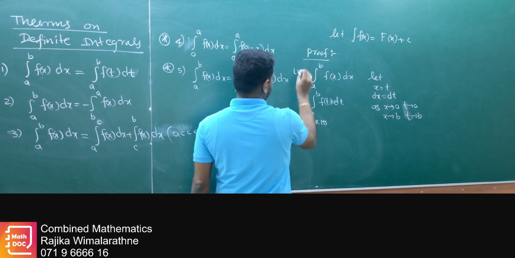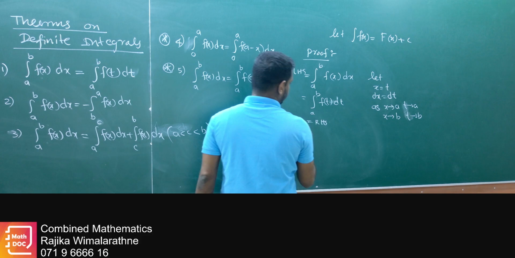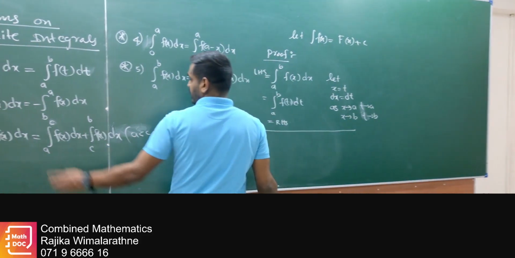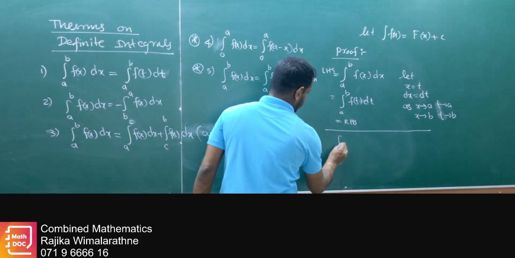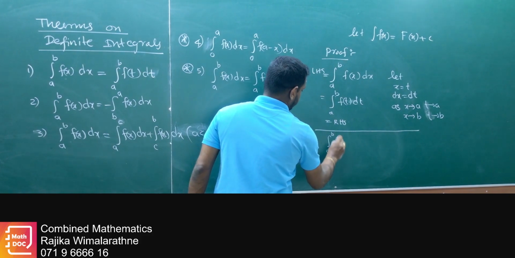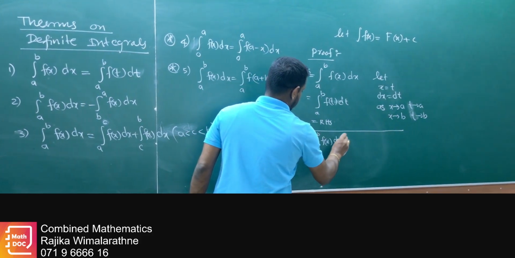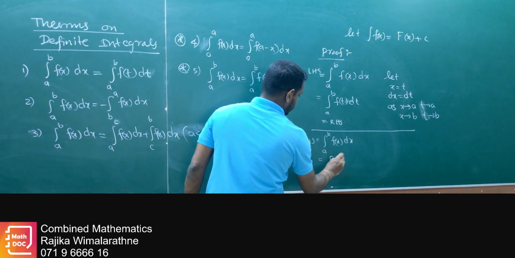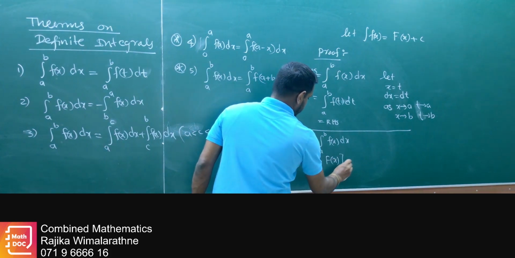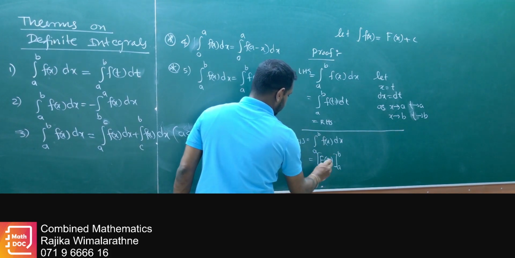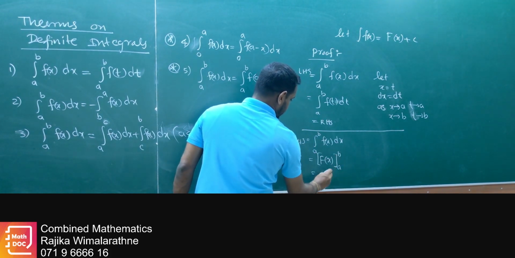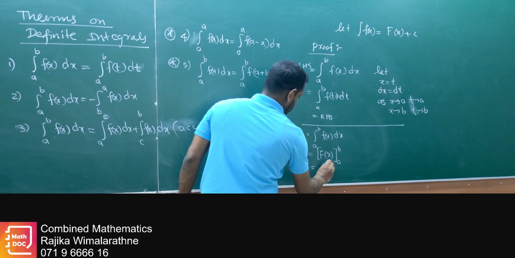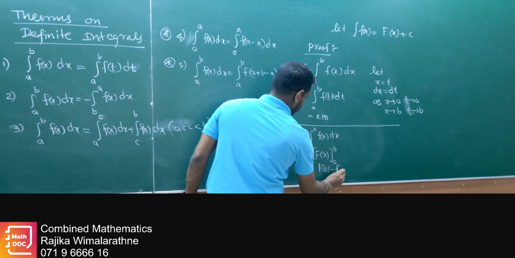Here first proof. Then second proof, a to b f(x) dx. Left hand side, you take the integral capital F(x) from a to b, no? Here definite integral. Then here F(b) minus F(a).